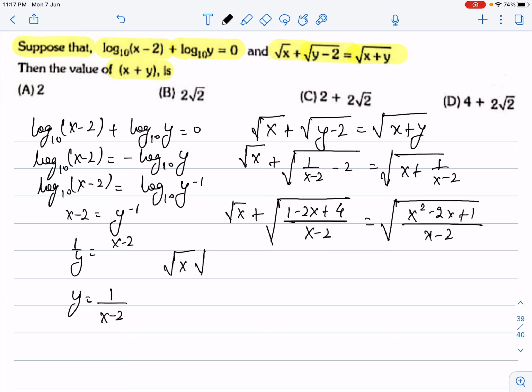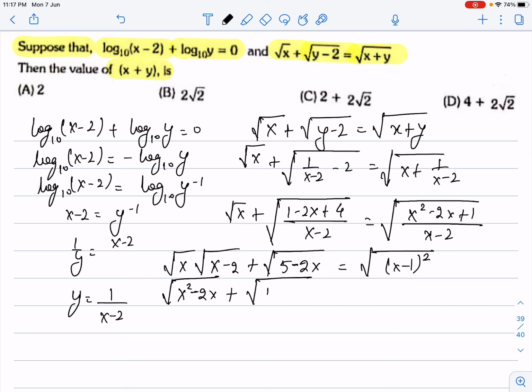So root x multiplied by root(x minus 2) plus root over (5 minus 2x) will become what? Root over (x minus 1) the whole square, that means root over (x square minus 2x) plus root over (5 minus 2x) is equal to x minus 1.